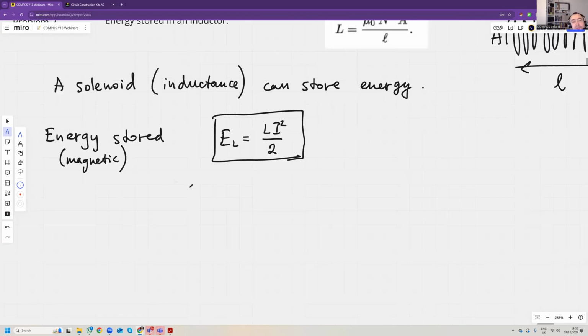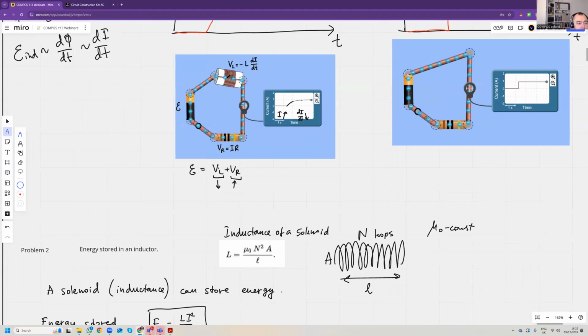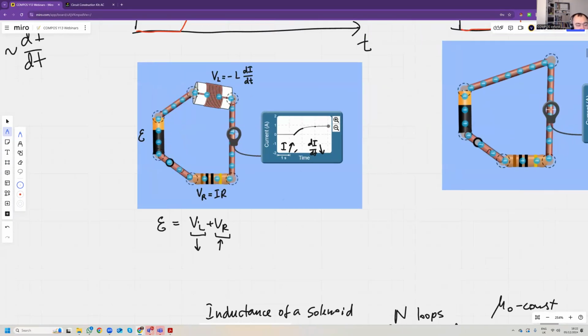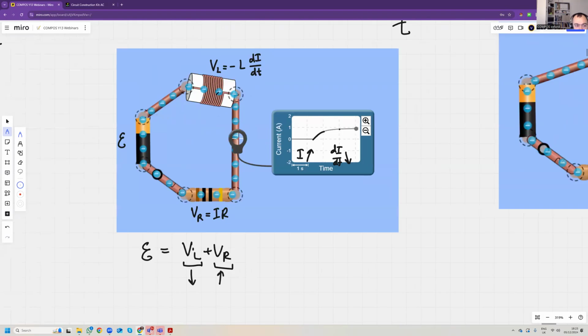And now it starts to make sense. The current doesn't increase instantly because the energy builds up in the solenoid. So the solenoid is a sink of energy. Energy goes into the solenoid, and once the solenoid is full, similar to a capacitor, the energy starts dissipating through the resistor.